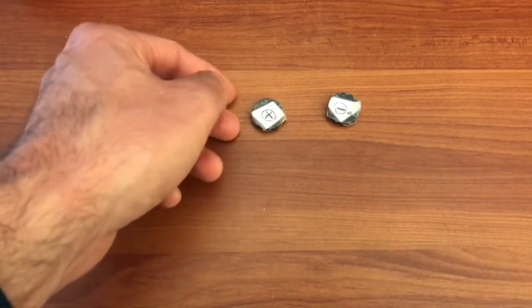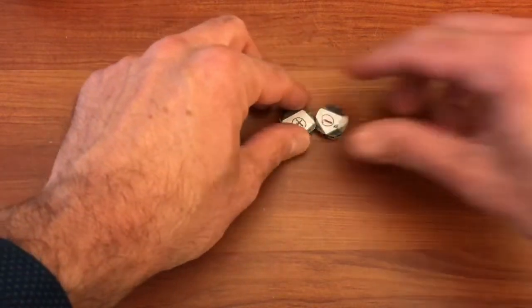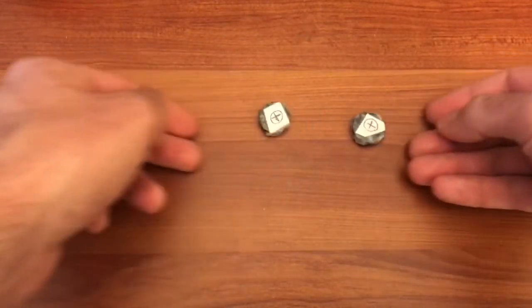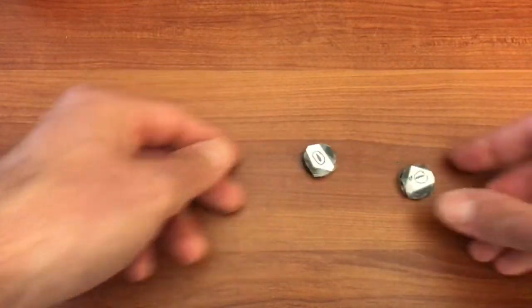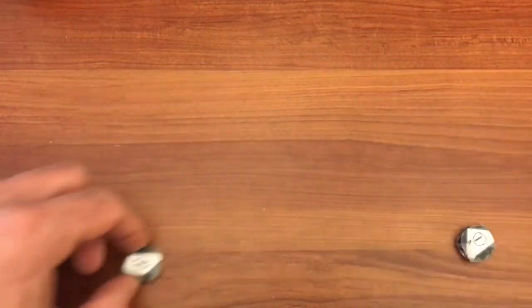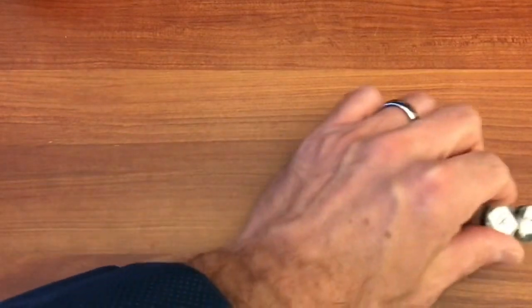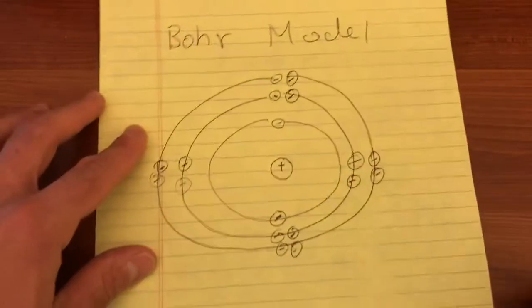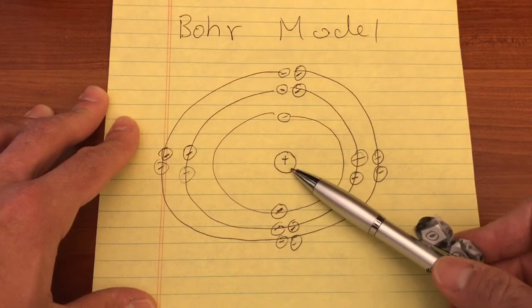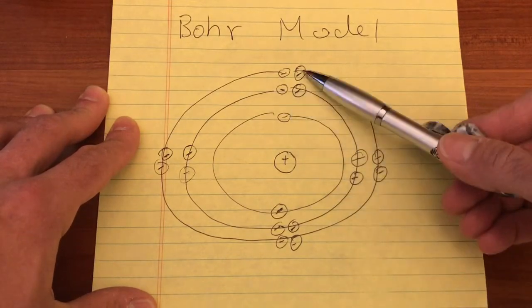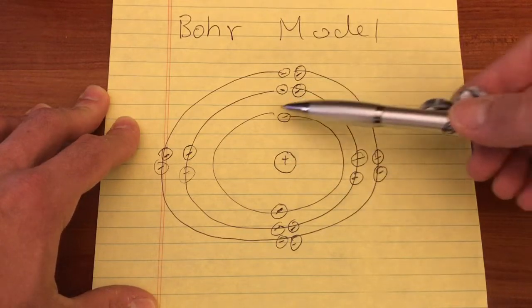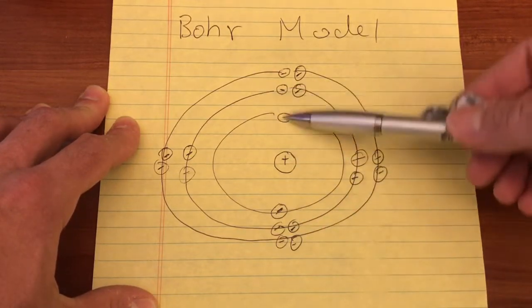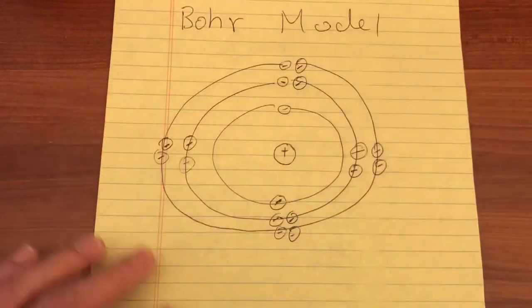If they are oppositely charged, they attract. If they have like charges, if they have the same charge, they will repel. Which means, if you have a whole atom that has a positive center and then negative rings, how are those rings going to interact with the center? How are those rings going to interact with each other?